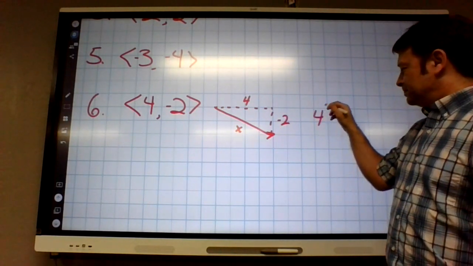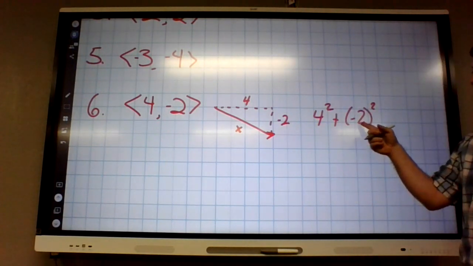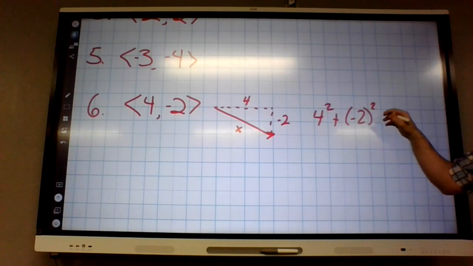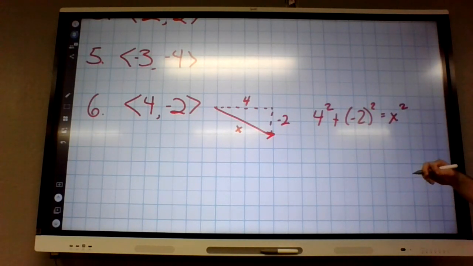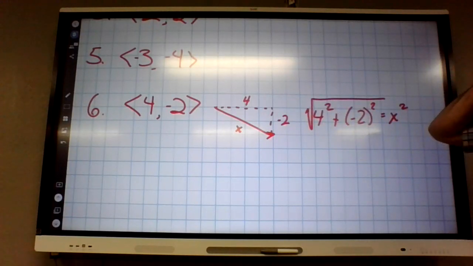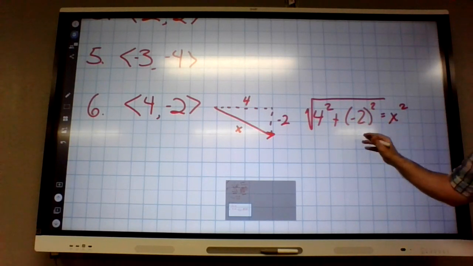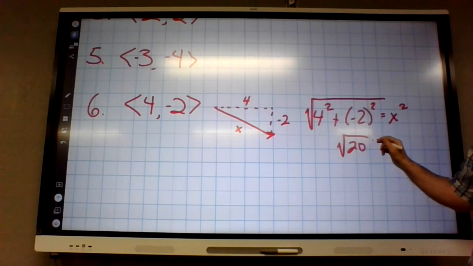Now, negative 2 squared is the same thing as 2 squared, so you don't really need the negatives for this part. But that equals x squared, so we can take the square root of that. 16 plus 4 is 20.